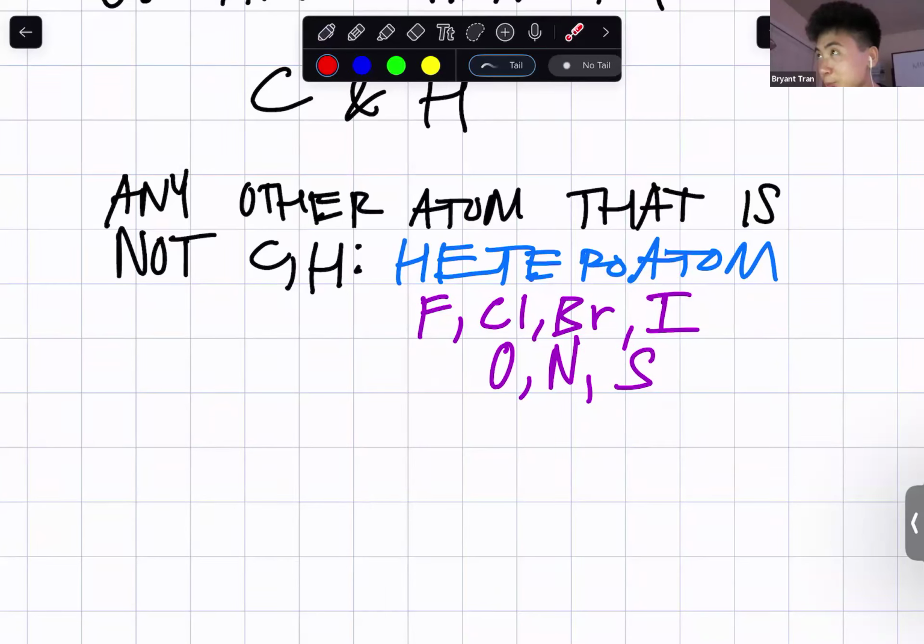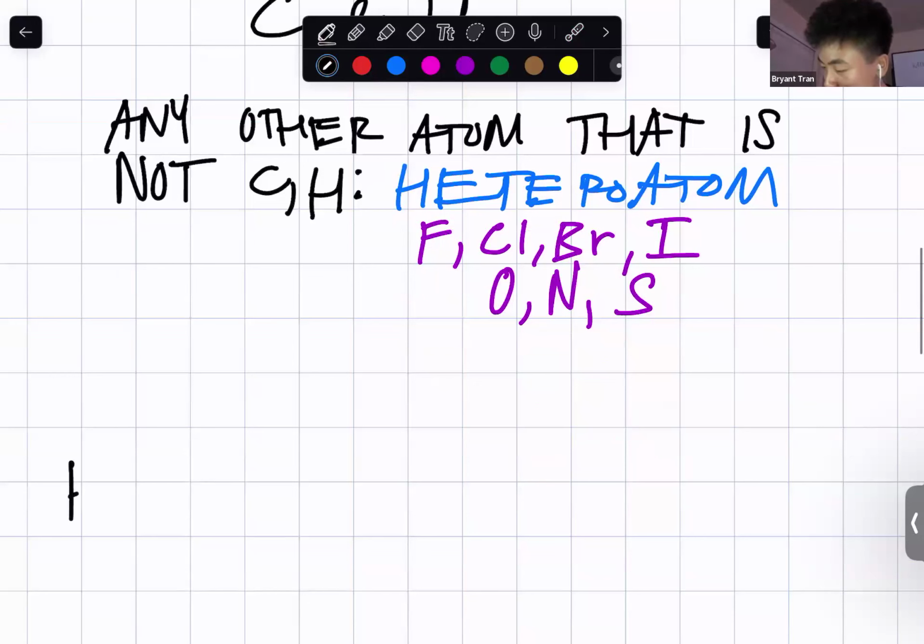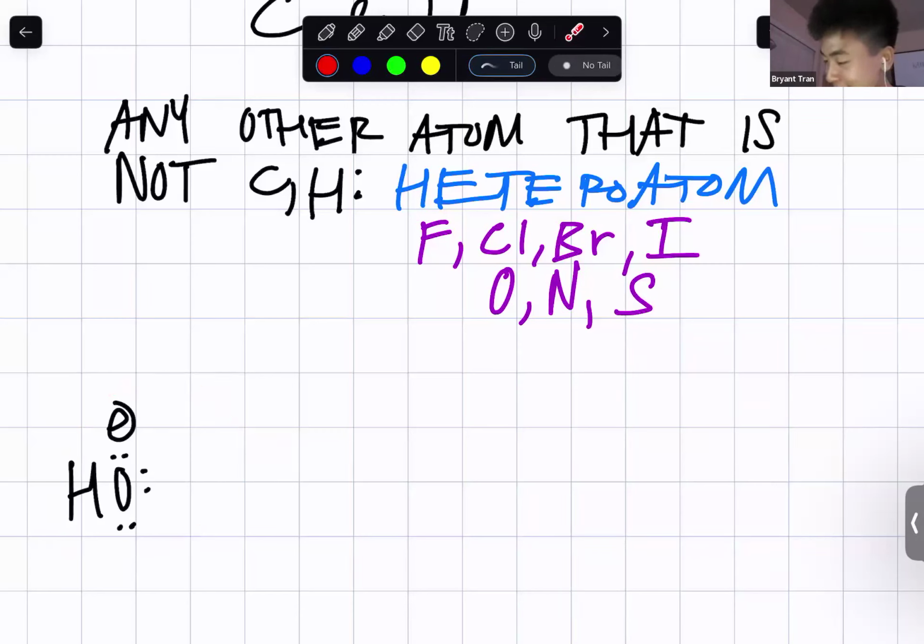So now let's move on to a sneak peek of what you're going to be learning in organic chemistry, right? So let's say I have this structure here. Do you know the name of the structure from, let's say, Gen Chem? Like the name of this ion? What's the name of this ion right here?